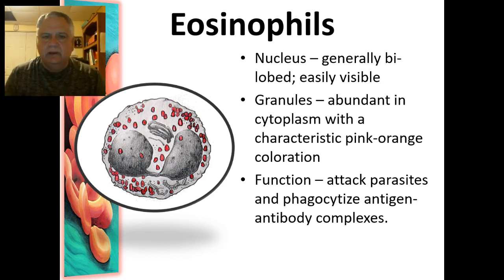Just to give you a prelude of that, whenever we do get an infection, let's say a bacterial infection, antibodies are going to be released from B cells. Those antibodies are going to bind, let's say, bacteria.